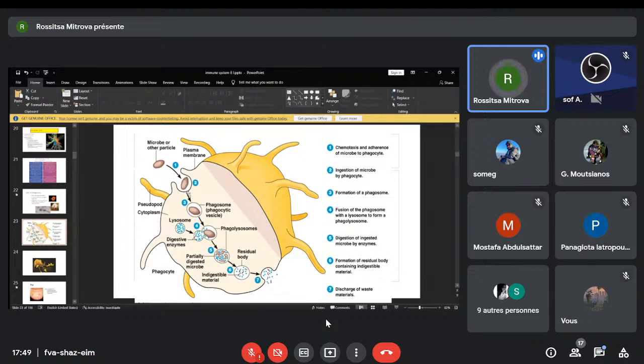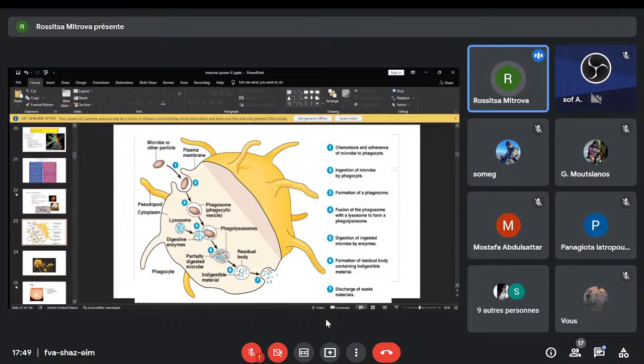It is ingested by the phagocyte and a phagosome is formed, a phagocytic vesicle. Then this phagosome fuses with a lysosome to form a phagolysosome, and the ingested microbe is digested.